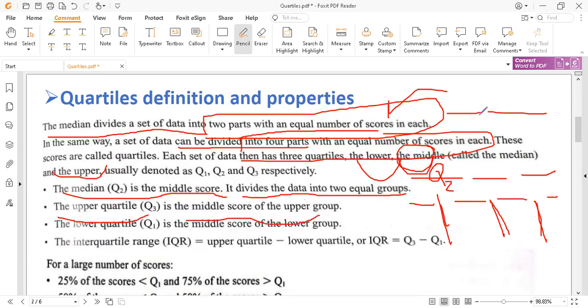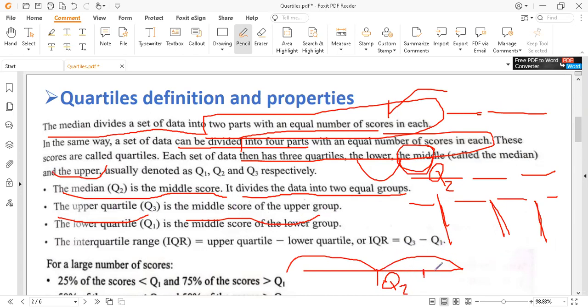So first of all, we have this set. We find the median Q2. At this level, we have 2 groups. So the upper quartile is here. It is the middle score of the upper group.